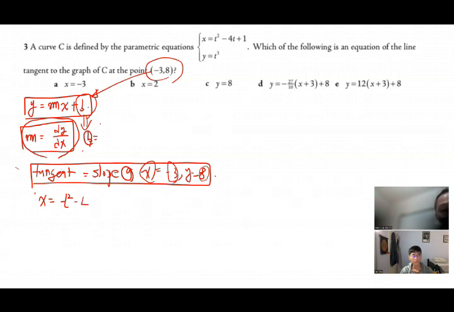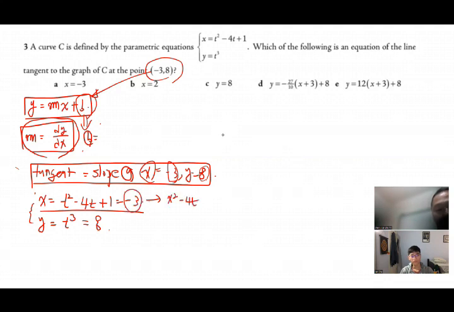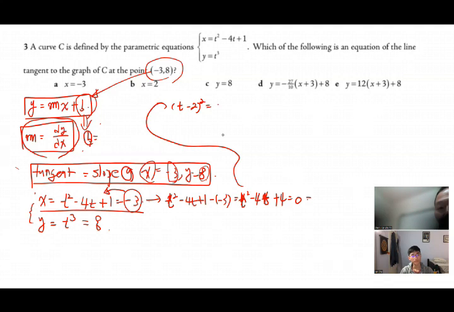So t squared minus 4t plus 1 should be the same as minus 3, and y is t cubed, the same as 8. In the first equation, move the minus 3 to the left-hand side: t squared minus 4t plus 1 minus 3, so t squared minus 4t plus 4 equals 0. This is t minus 2 squared equals 0.